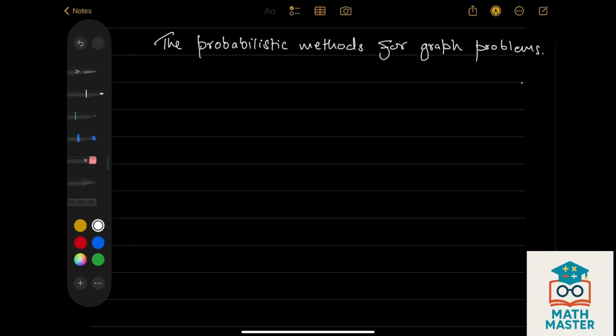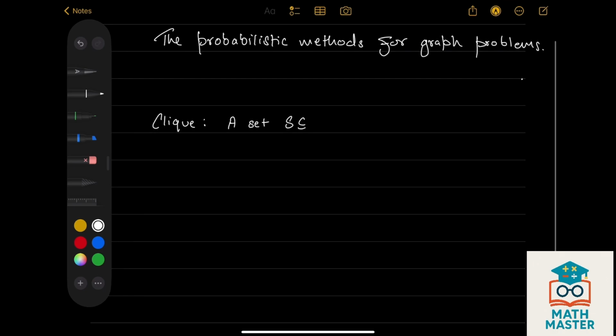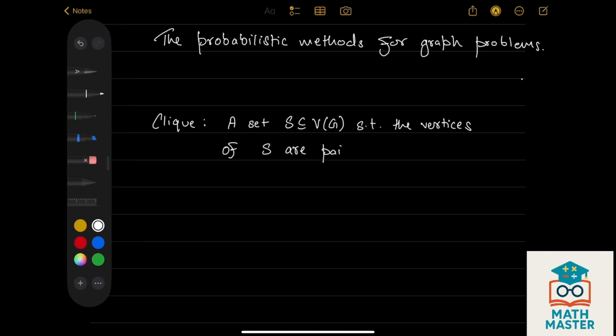First let us define the term clique. I am assuming that you are a little bit familiar with graph theory and what we mean by graphs. A clique is basically a set S of the vertex set of the graph G such that the vertices of S are pairwise adjacent.